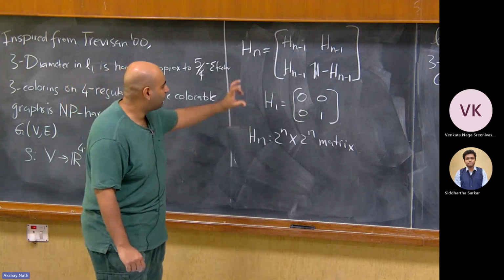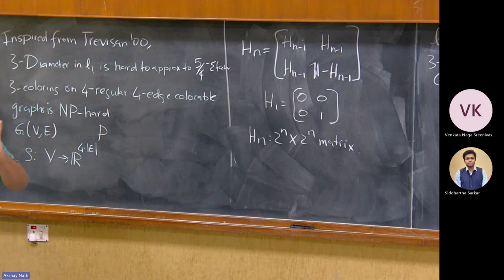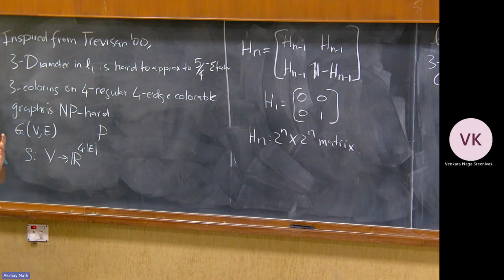What properties you get from this is that there is the zero vector, but if you leave that out, all other vectors have n over 2 ones and n over 2 zeros. And at the same time, it forms a linear subspace. So if you take any pair of vectors and you subtract them, the difference is also another column in this matrix. So the difference between any two vectors is going to be of distance n over 2.